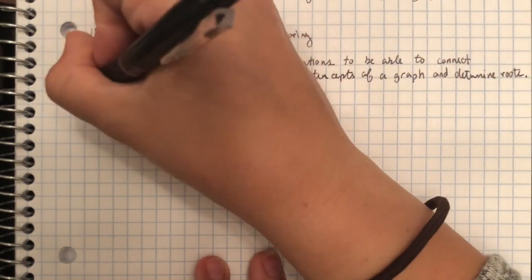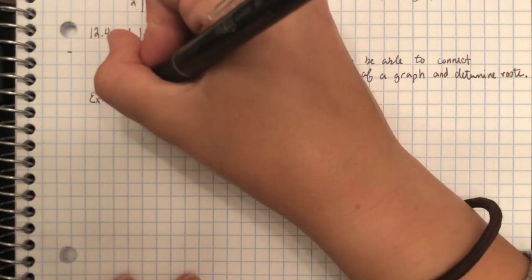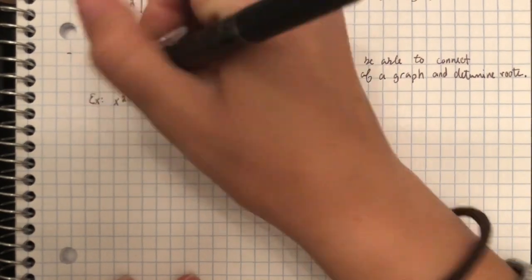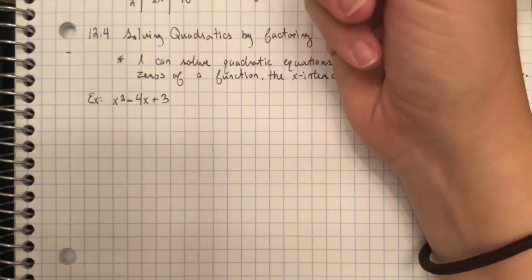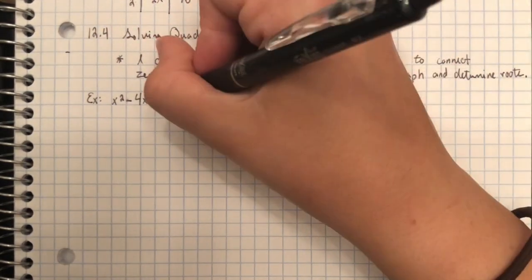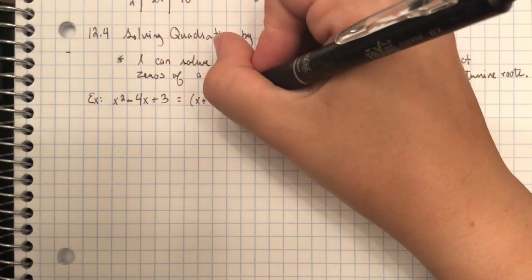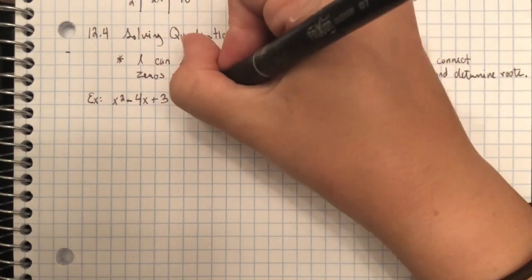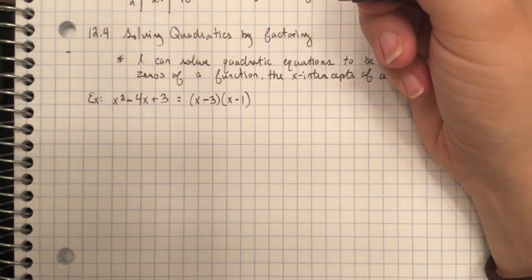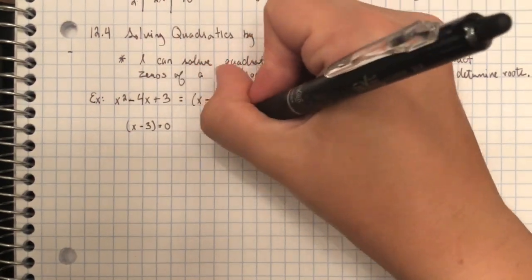So the first example we're going to look at just says x squared minus 4x plus 3. And I know that 3 only has factors of 3 in itself, or 1 and 3. So automatically I'm going to say x minus 3 times x minus 1, because that 4 is a negative 4.